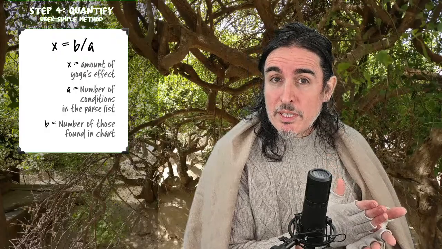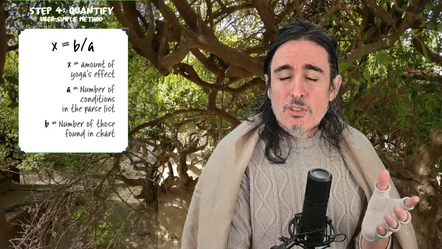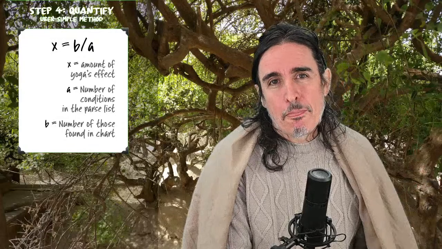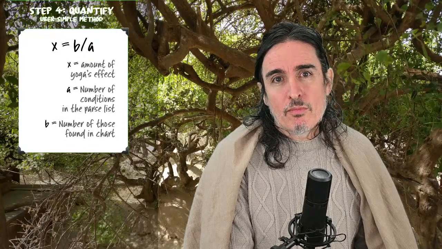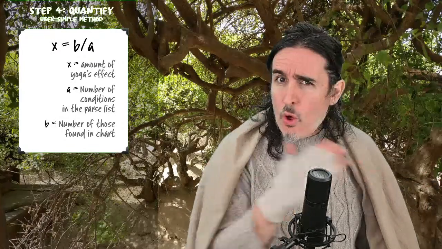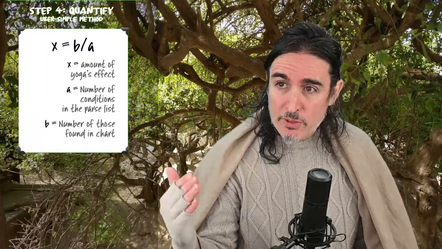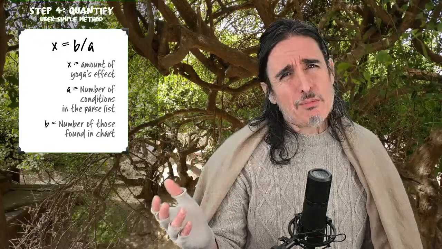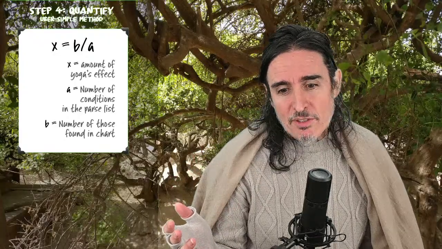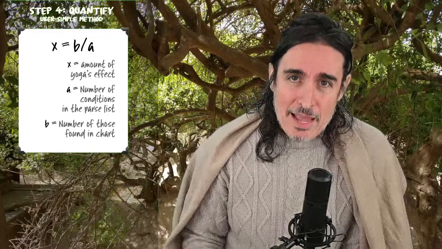The effect will be the marriage is fruitful. Question, how fruitful? Answer, fruitful all the time in every way, if the yoga is perfectly matched. Or the answer is a little bit fruitful sometimes, if the yoga is only a little bit matched.